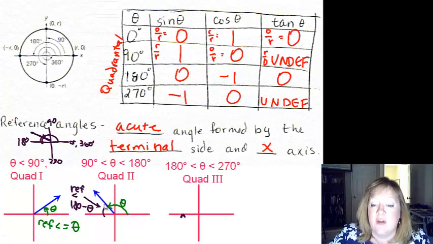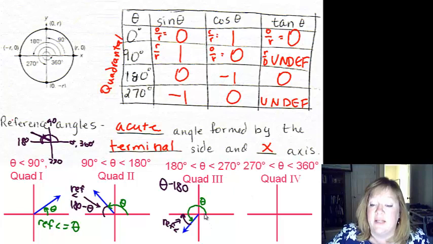Let's say it's in quadrant 3. Theta is between 180 and 270. So here's where the terminal side is. We would find this angle that's inside of here to the x-axis. So we'd go upward. That's your reference angle. And to find that, you'd do theta minus 180.